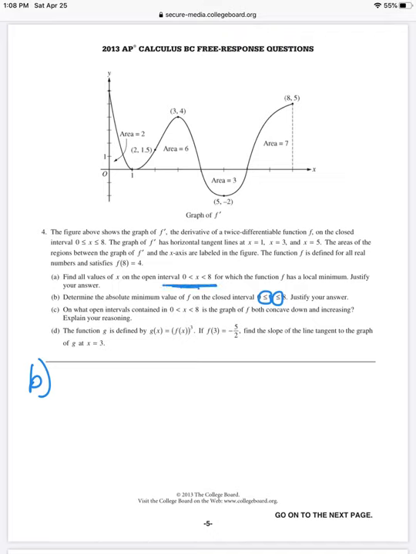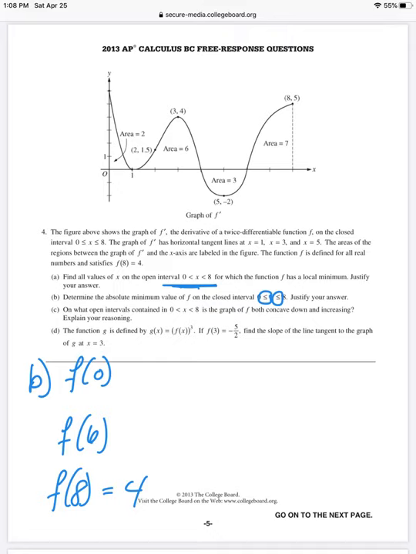Got it? So now to figure out the absolute minimum, I've got to figure out the value at 0, the value at 6, because that was our option from part A as a minimum, and the value at 8. Well, we already know the value at 8. The value at 8 is 4.